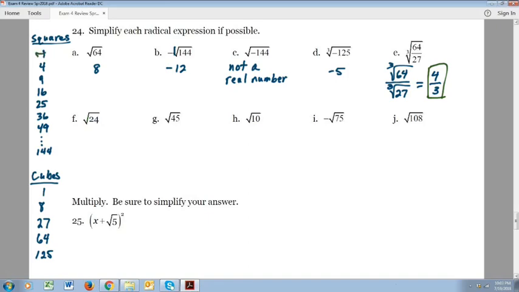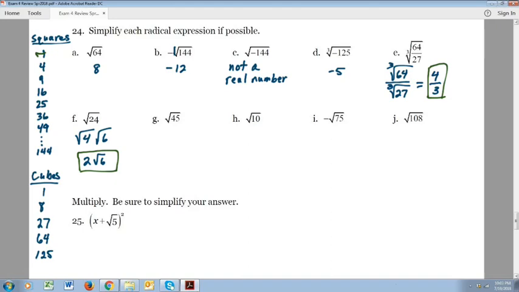So we notice 24 is divisible by 4, so we can write this as the square root of 4 times the square root of 6. We know these two multiply to give you the square root of 24. So we're kind of going in reverse. We're breaking this down into two radicals that multiply to the square root of 24. The only thing is 4 is a perfect square, so we can take the square root of 4, we get 2. So our final answer is 2 square roots of 6.